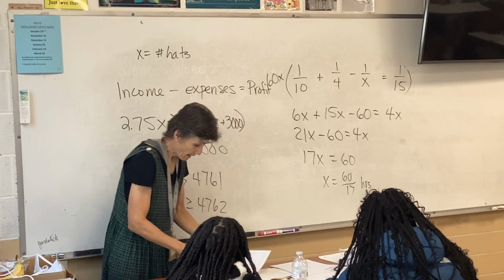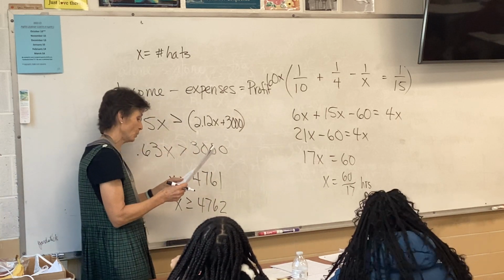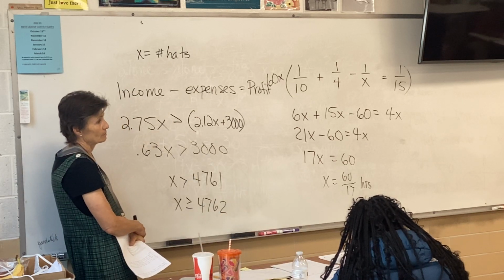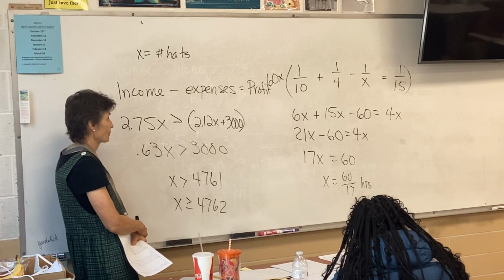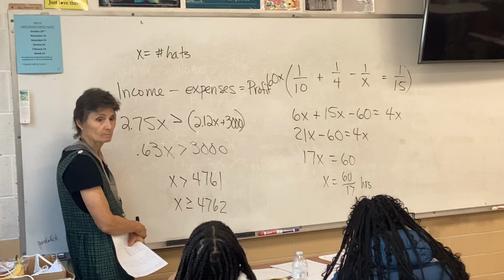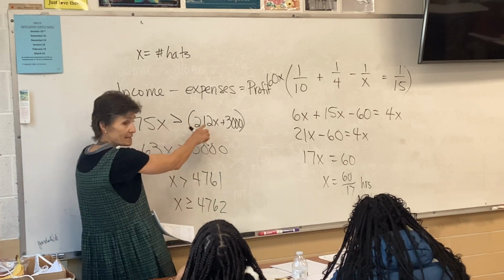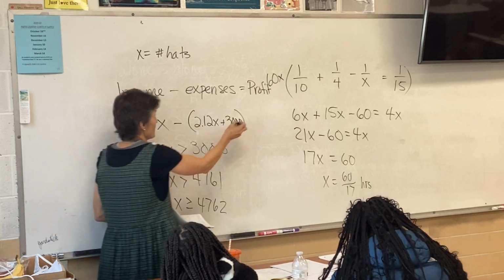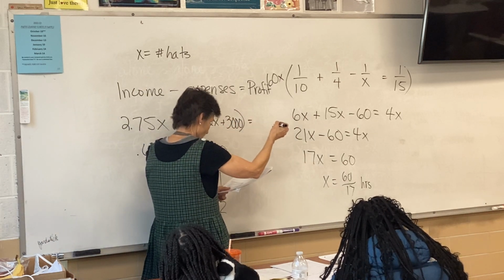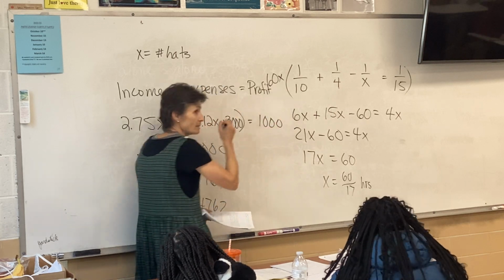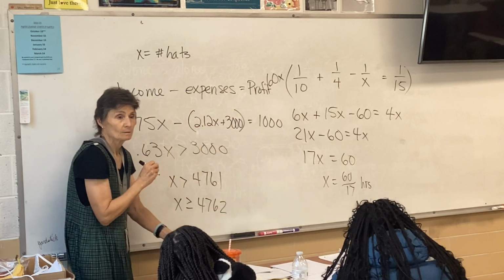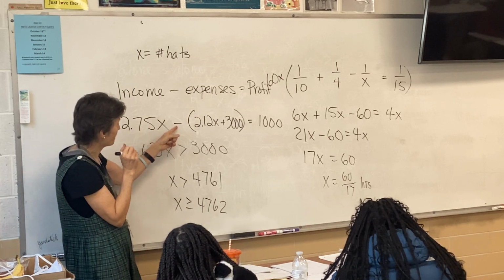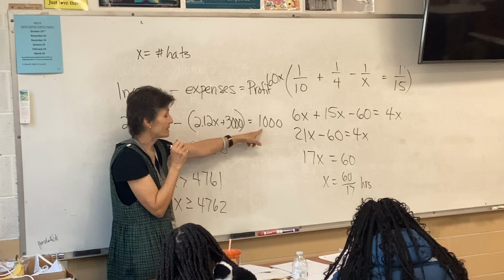Last one. How many golf hats must be sold to make a profit of $1,000? Well, is it the same? Can we go back to here? Go ahead and make that a minus. Does it say at least, or make a profit of 1,000? Let that equal 1,000. Will that work? Take my income minus my expenses, and I need that to be 1,000.